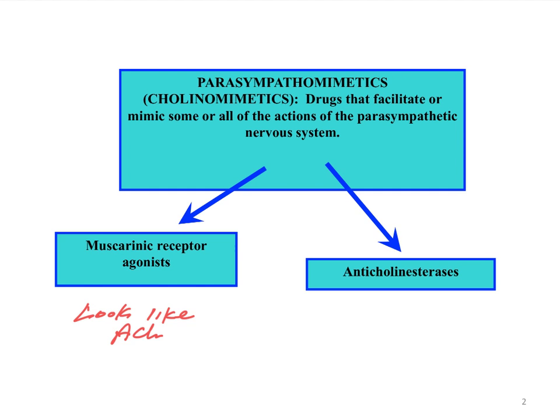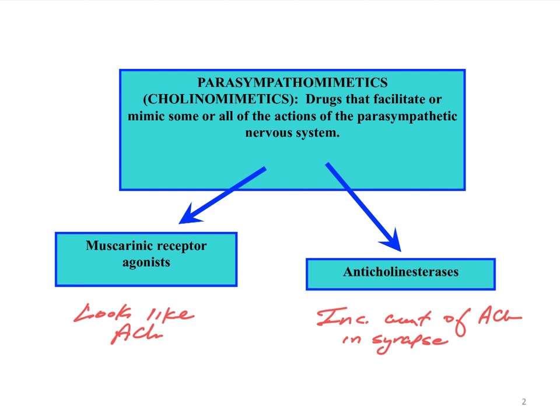Or we have drugs that increase the amount of acetylcholine in the synapse by blocking its degradation. And so they are against the acetylcholinesterase.